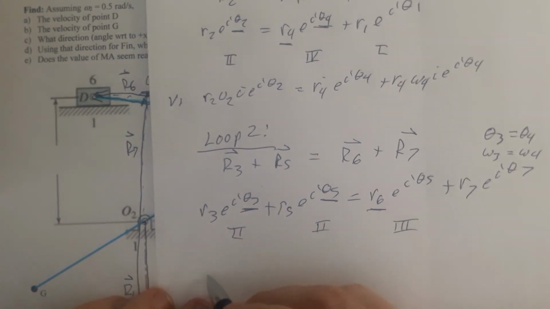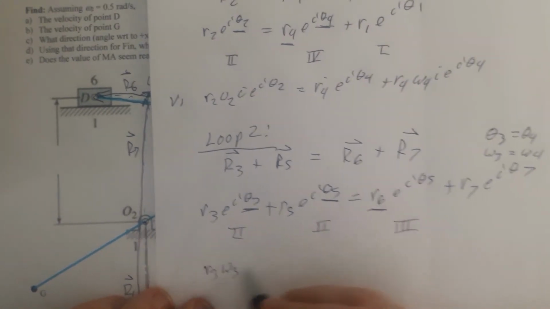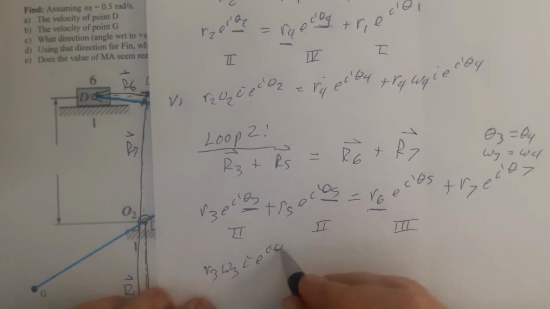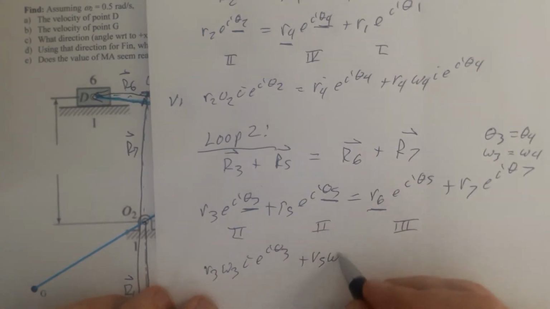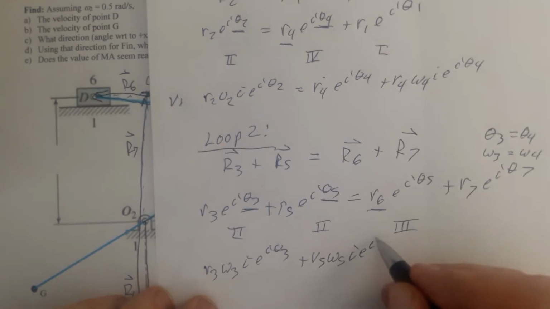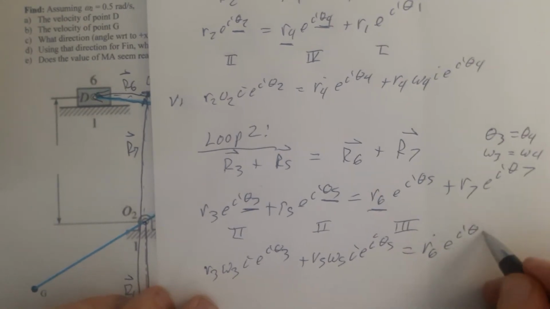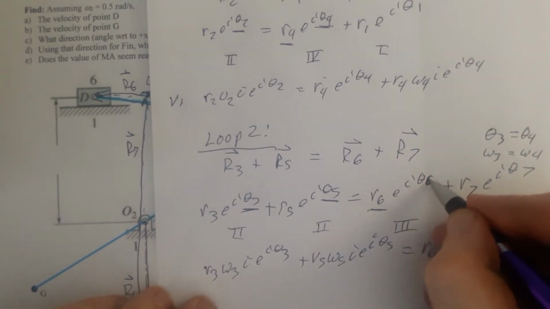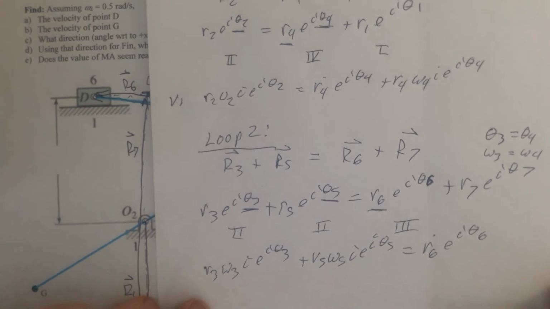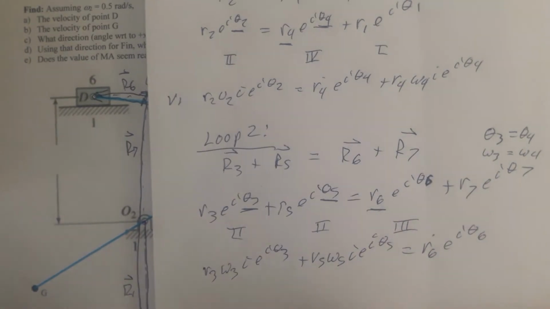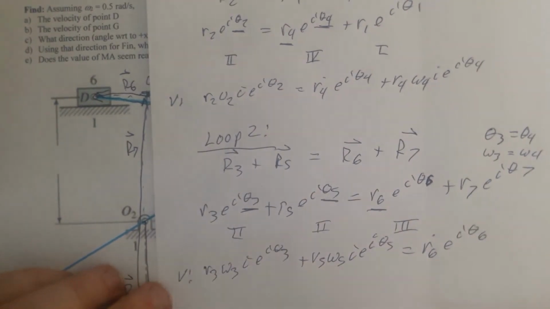So this one's going to be R3 omega 3 i e to the i theta 3 plus R5 omega 5 i e to the i theta 5 equals R6 dot e to the i theta 6. That should be a 6 right there. And so that's my other velocity equation.